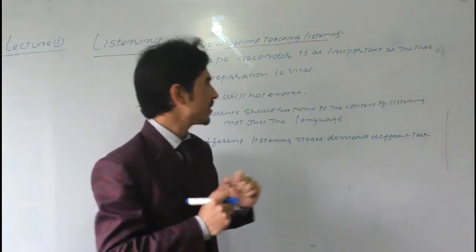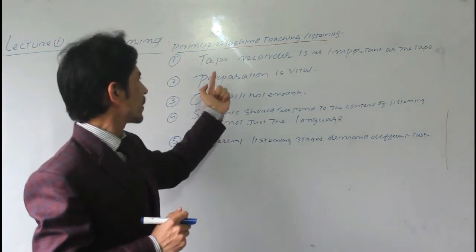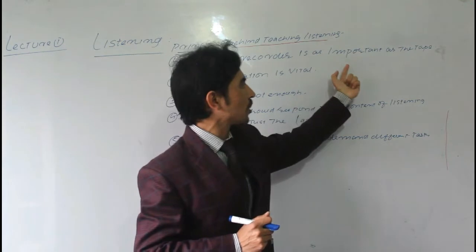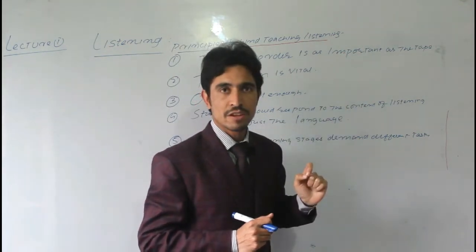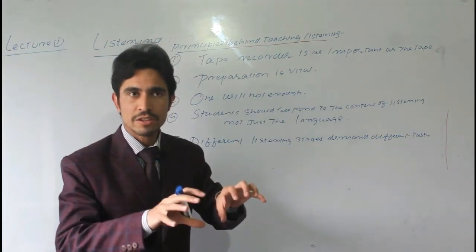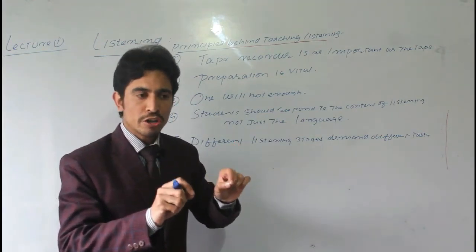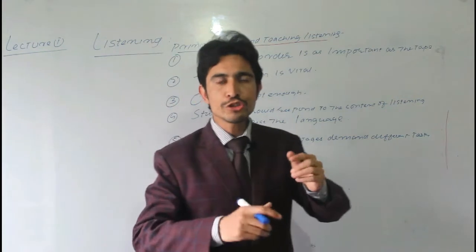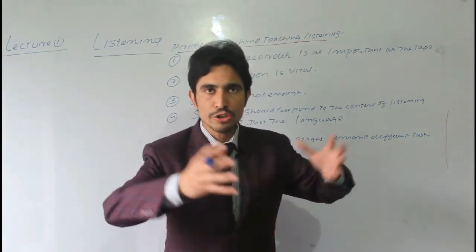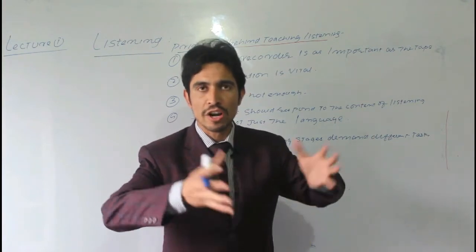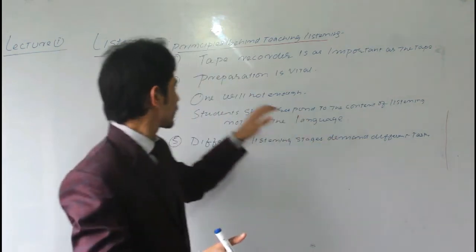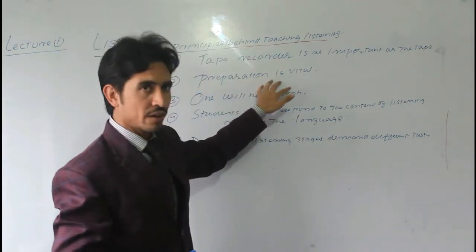The first one is: the tape recorder is as important as the tape. This means that you need to be sure that the tape recorder is audible all around the classroom. And the second one is: preparation is vital.